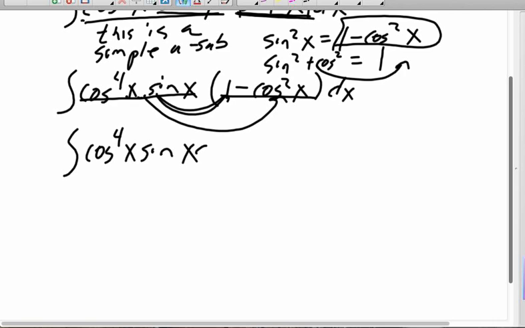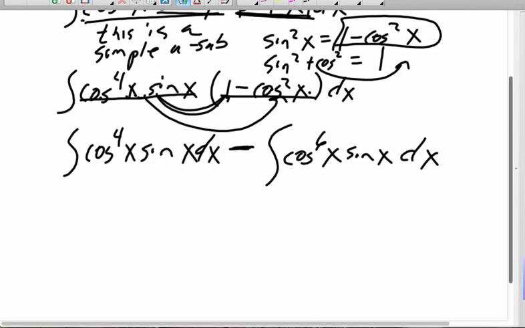Well, this is great, we can do this. Now I need to distribute this into this. I'm going to have a minus, and since I've got a minus, I may as well break this up and put another integral out there. Now I'm going to have cosine to the fourth times cosine squared, so that gets me cosine to the sixth of x sine of x dx.